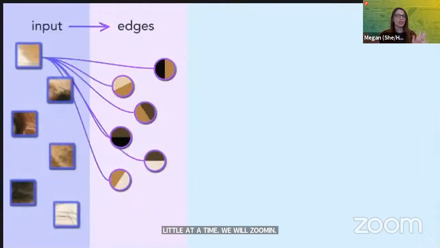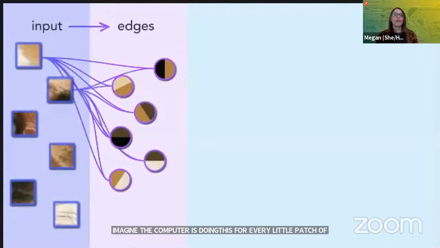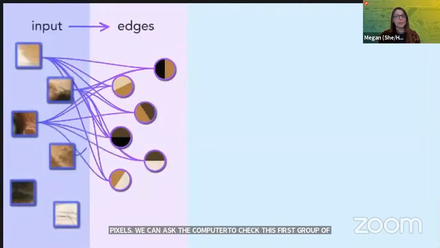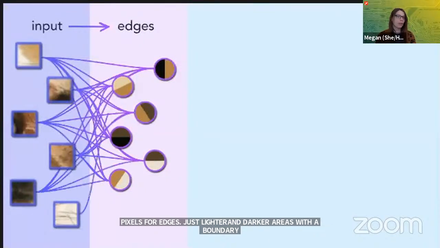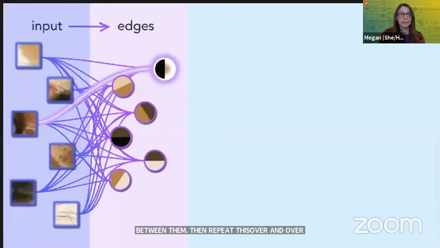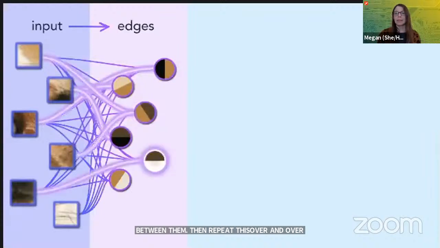Nothing too complicated, just lighter and darker areas with a boundary between them. And then repeat this over and over for all of the pixel patches. And when the computer thinks it sees a certain kind of edge, well, that pathway will light up. And it will keep repeating this and lighting up all of those different pathways.